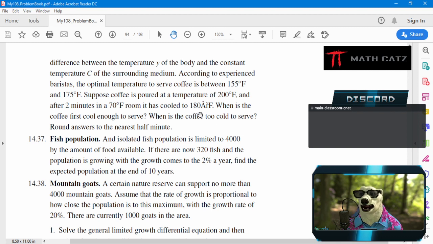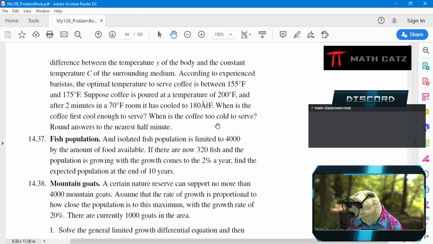That extra information gives me a way to find the cooling constant, let's call it, for this specific situation. When is the coffee first cool enough to serve? When is the coffee too cold to serve? They need to know these things. Otherwise, the customers are going to be unhappy.